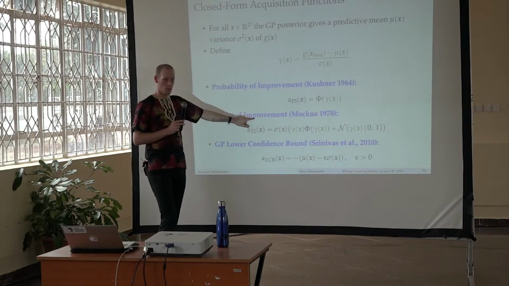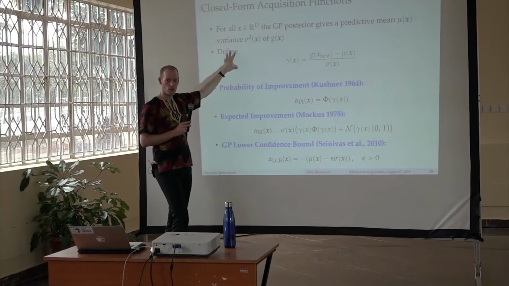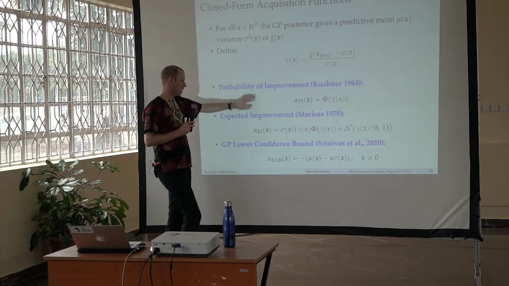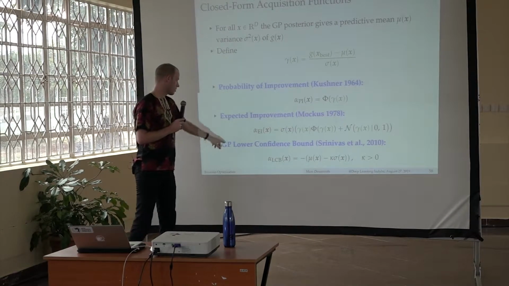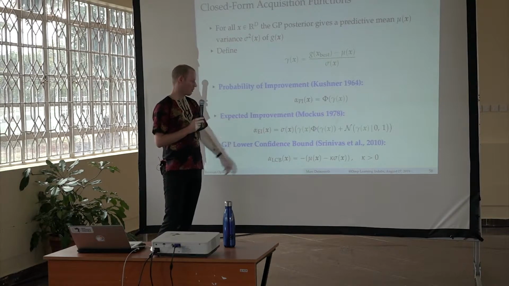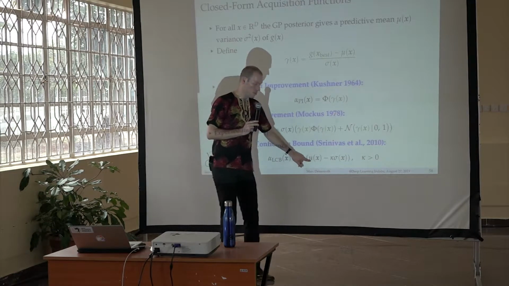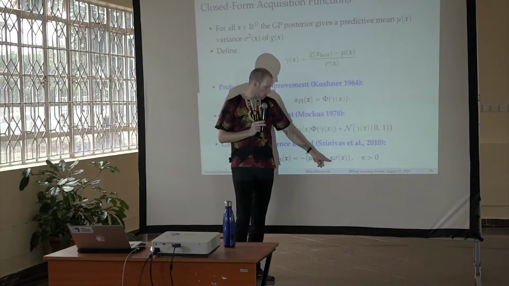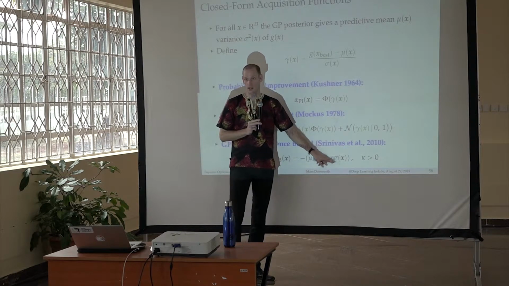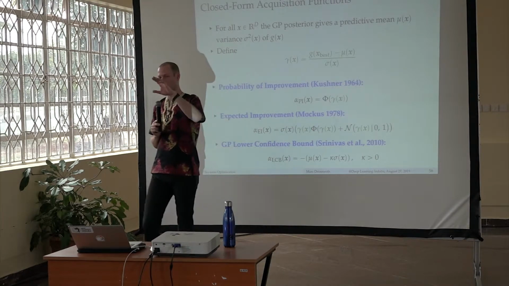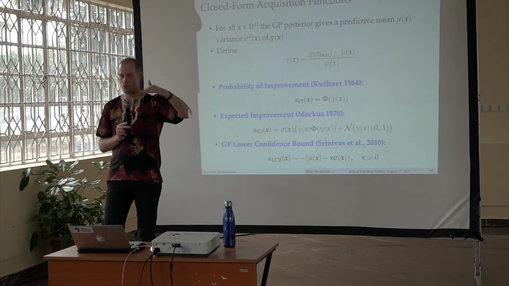We can compute the expected improvement, the thing that I just showed you in pictures, using this rather lengthy equation, or we can compute the lower confidence bound, where we only look at the mean prediction of the Gaussian process and subtract kappa times the standard deviation. So that's like what I said earlier, where we look at the lower bar of the lower shaded area.